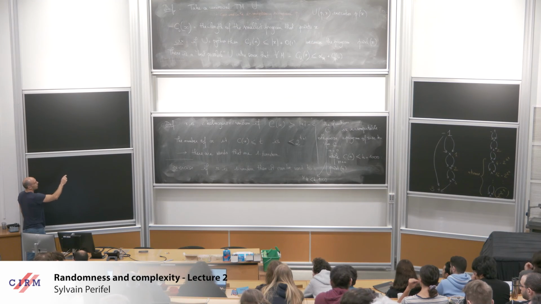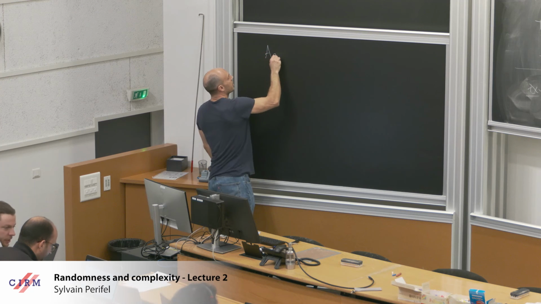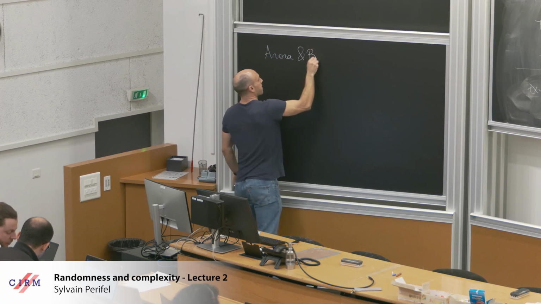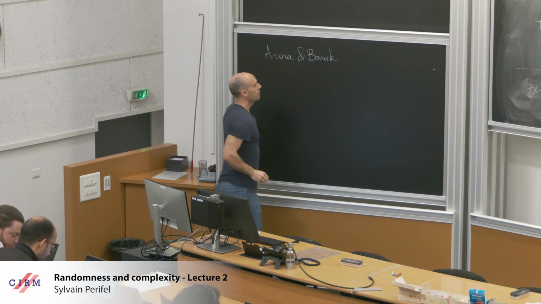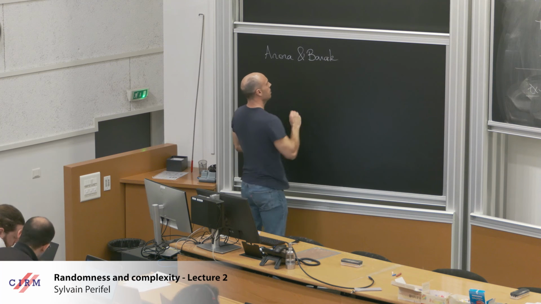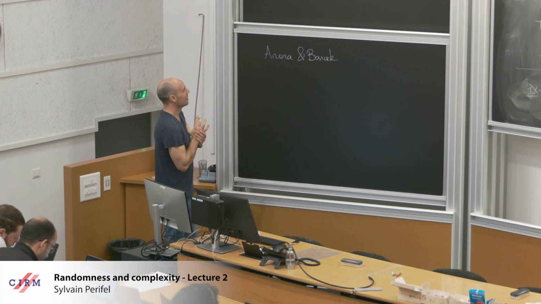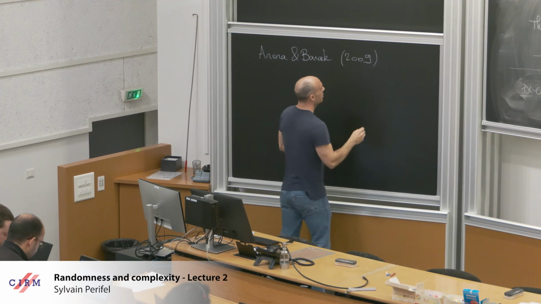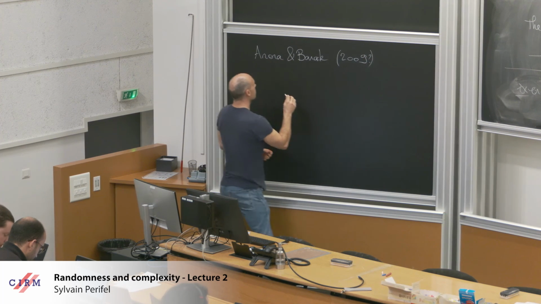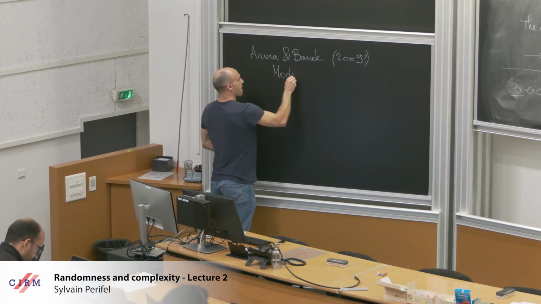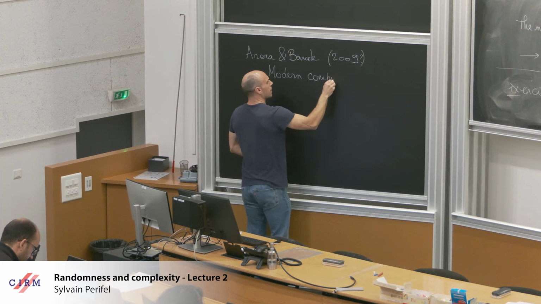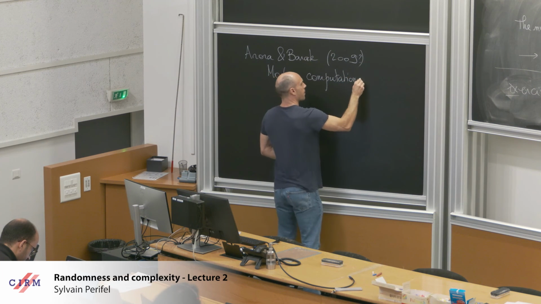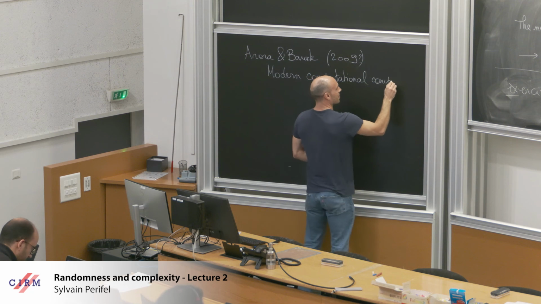You have this book by Arora and Barak, which dates from maybe 2009 or 2010, something like this, about modern computational complexity.